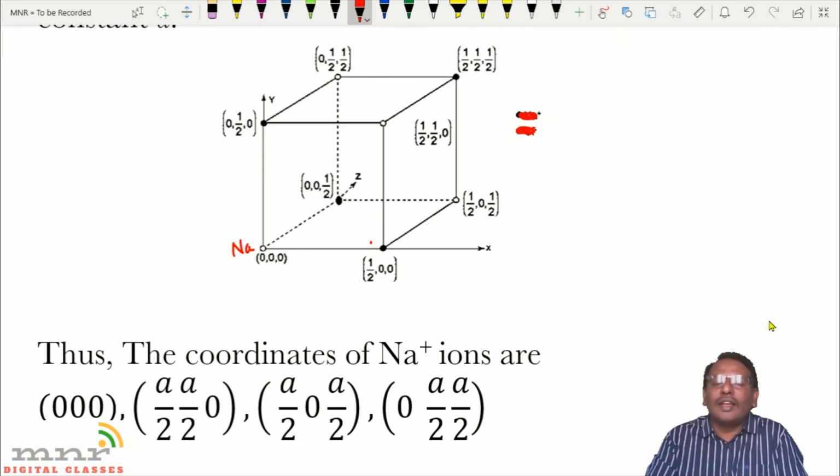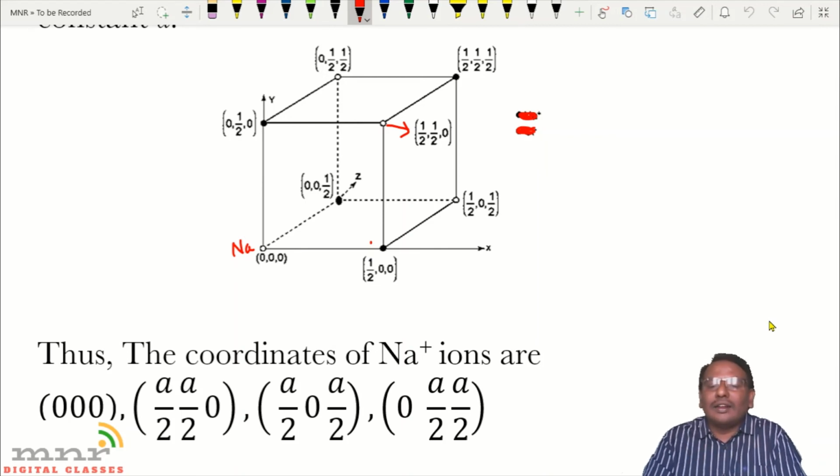Now, observe the diagram. Totally, we have 4 sodium atoms occupying alternate positions: 1, 2, 3, 4. Now, let us mark the coordinates of these 4 atoms. The first is 0, 0, 0. The second atom has the coordinates a/2, a/2, 0.